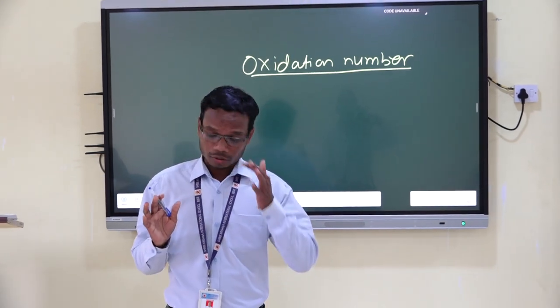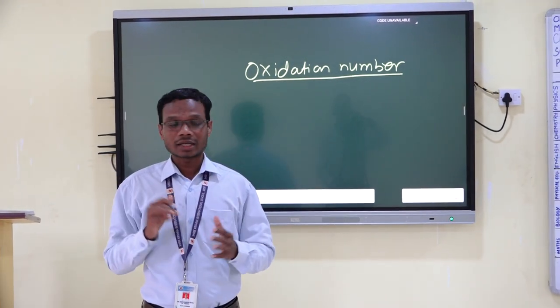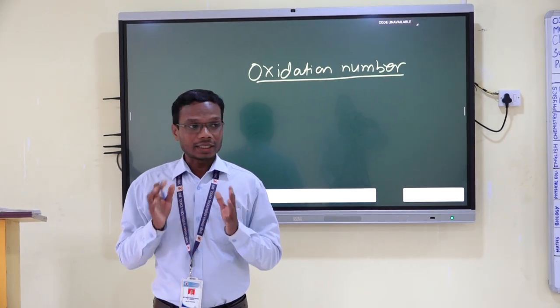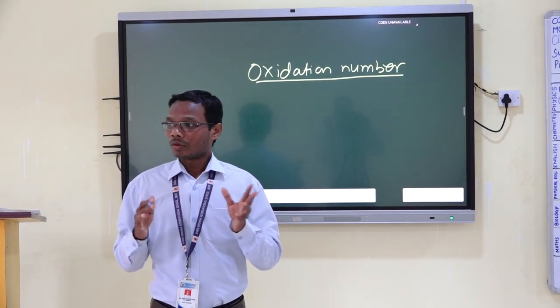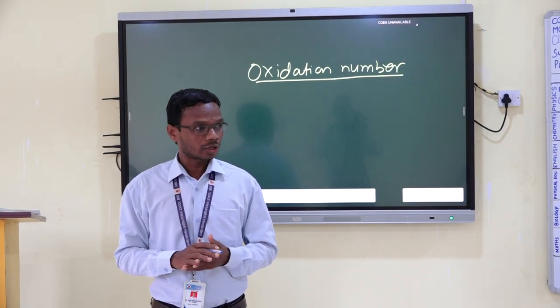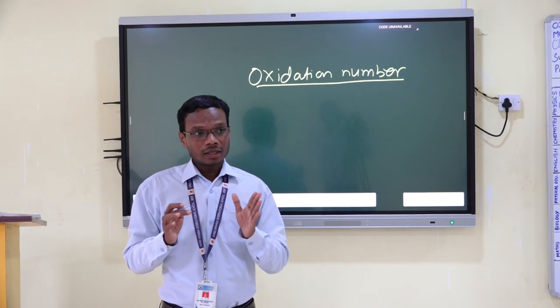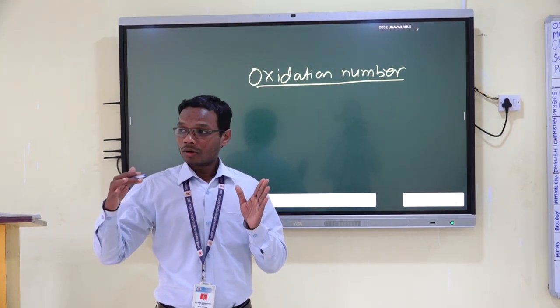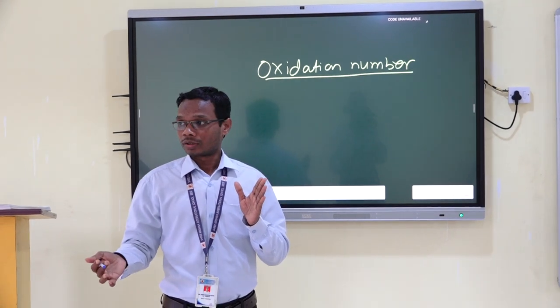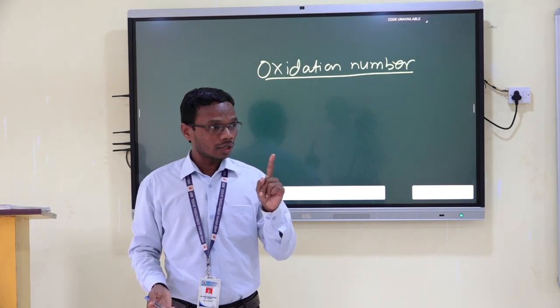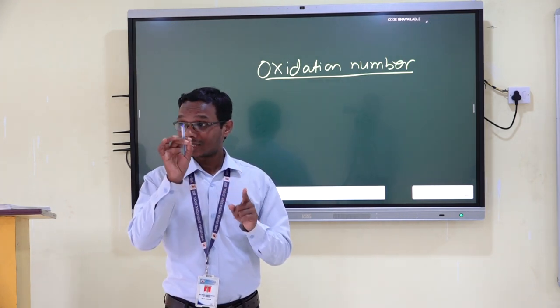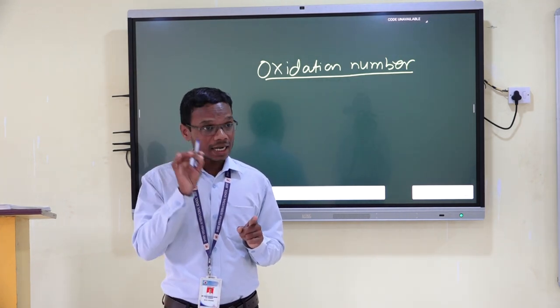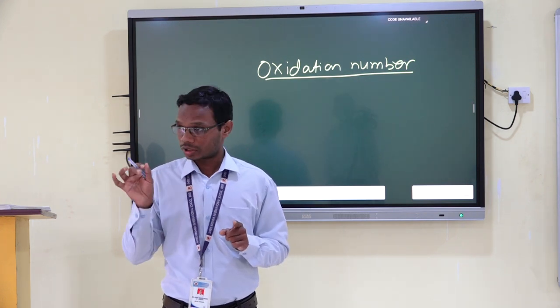If you take a compound, then it obviously consists of one or more atoms or elements. When we remove the other atoms, there is only one atom. Now there is a charge. That charge is called the oxidation number or oxidation state.